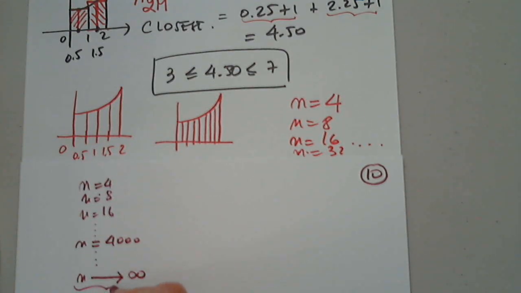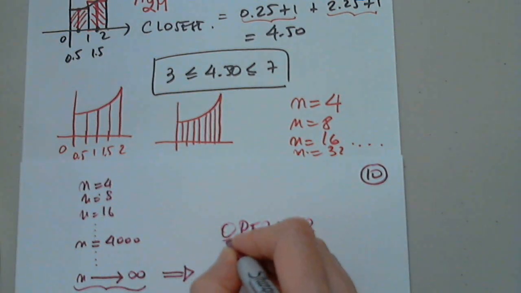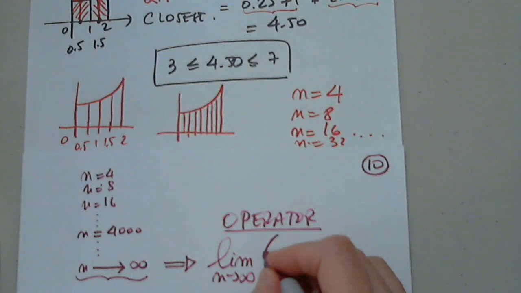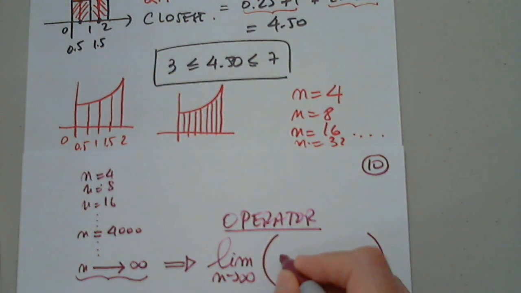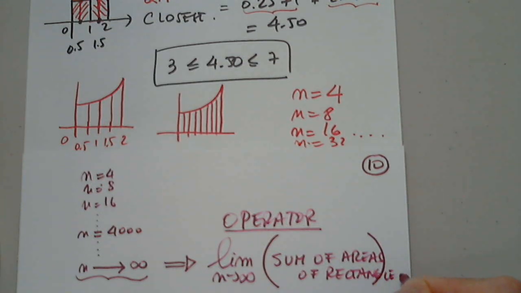When we say n approaches infinity, what concept or operator do we have in mind? Limit. Yes. So the limit as n approaches infinity of the sum of areas of rectangles will be the exact area.